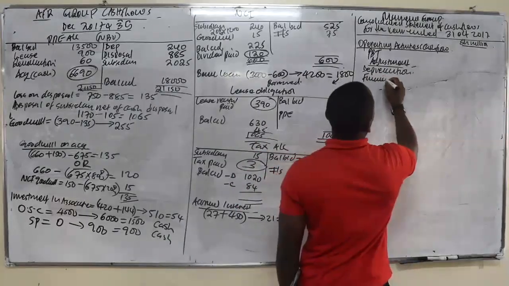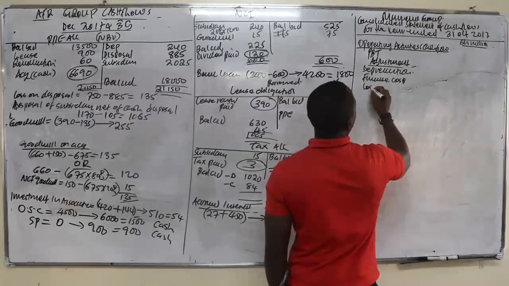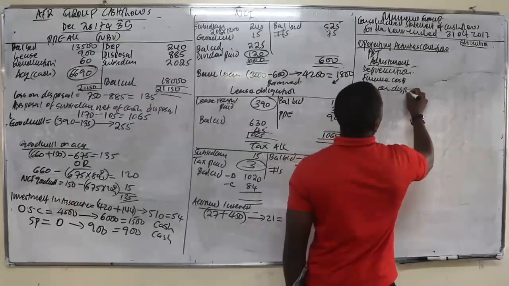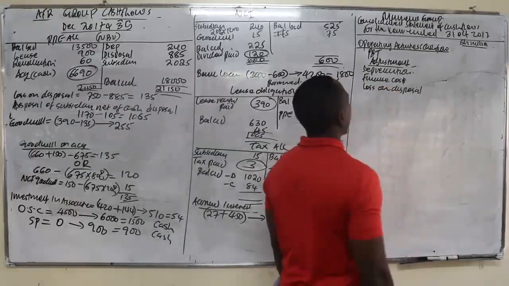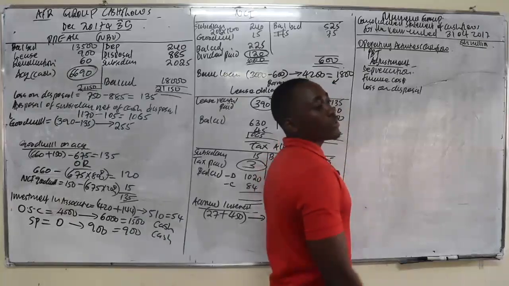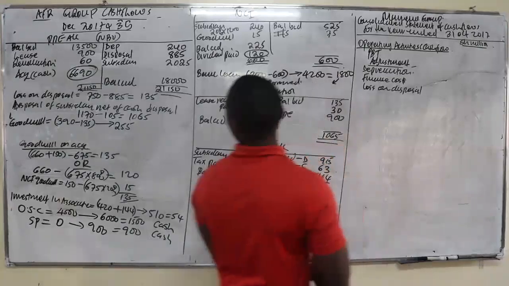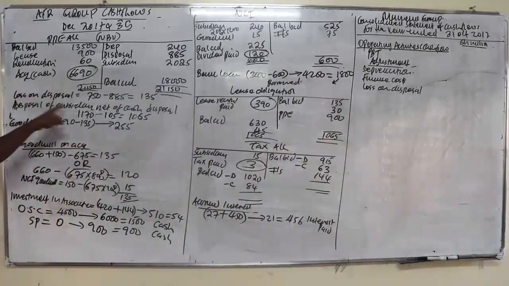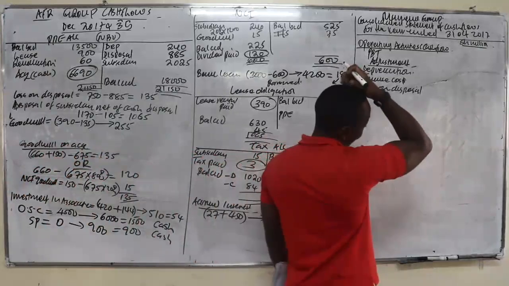Finance cost. Loss on disposal. If you have both, you can write loss or gain. But what we have done, we have only loss on disposal. Do you have any gain?